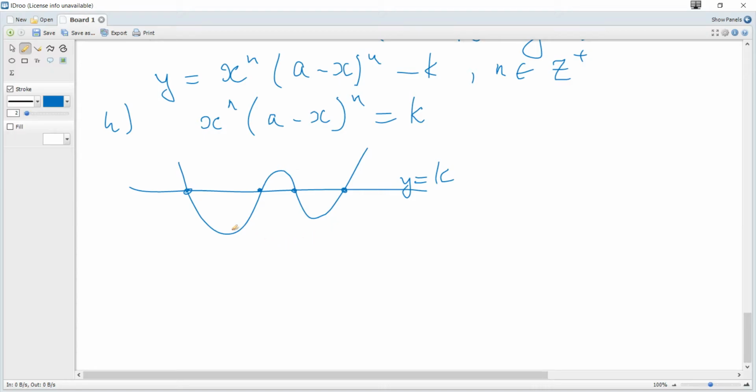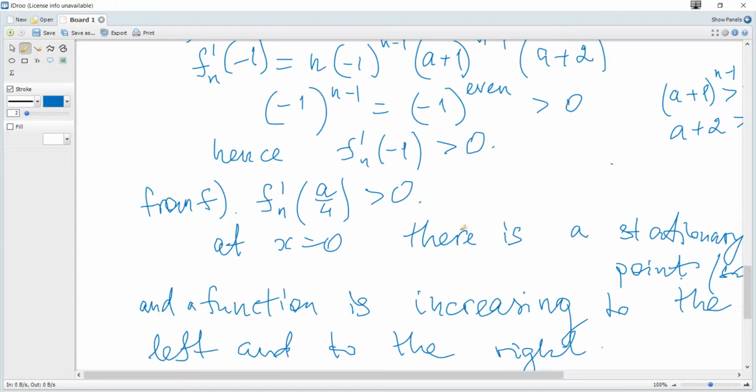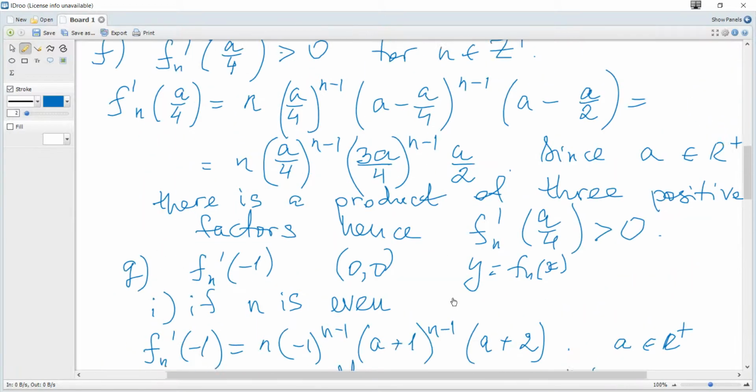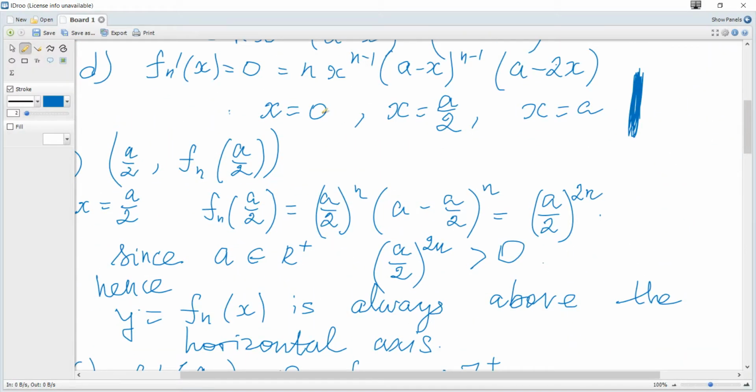And since stationary points are 0, a over 2 and a, it's from this result. Hence the first point must be minimum, then maximum, and then again minimum.